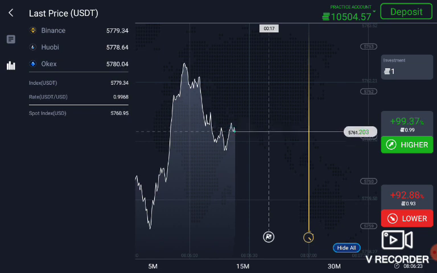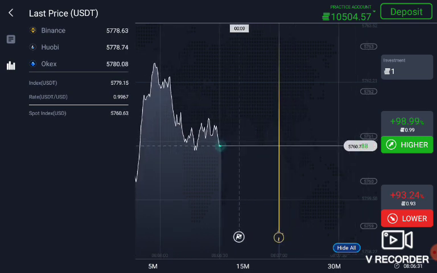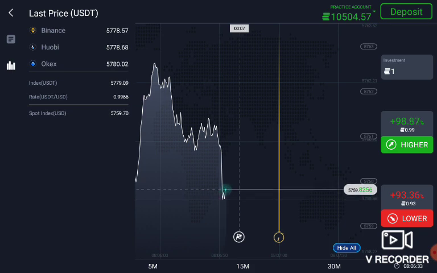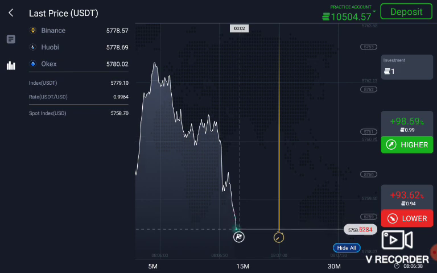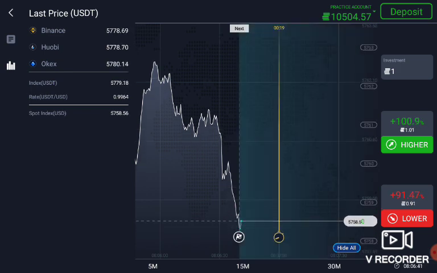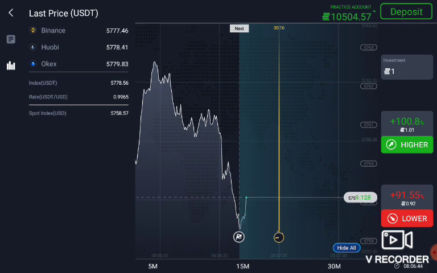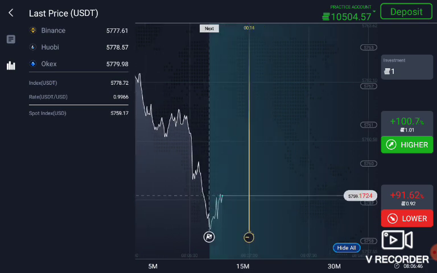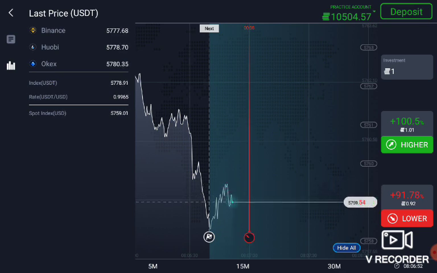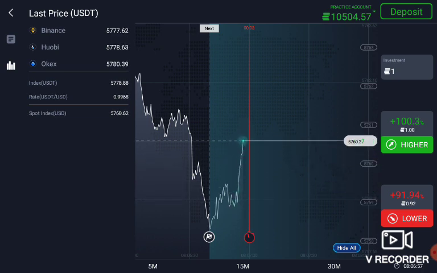So we got the index of USDT of 57.79, and then the base price of 99 cents to the dollar of USD to USDT. So it gives you the spot index of 57.60. So we're not trading exactly on mark of the price of any specific exchange market. Always remember that also. Though you can use the fluctuation of said exchange markets if you're using a line graph to better trade your options with, in my opinion, and to my experience also.